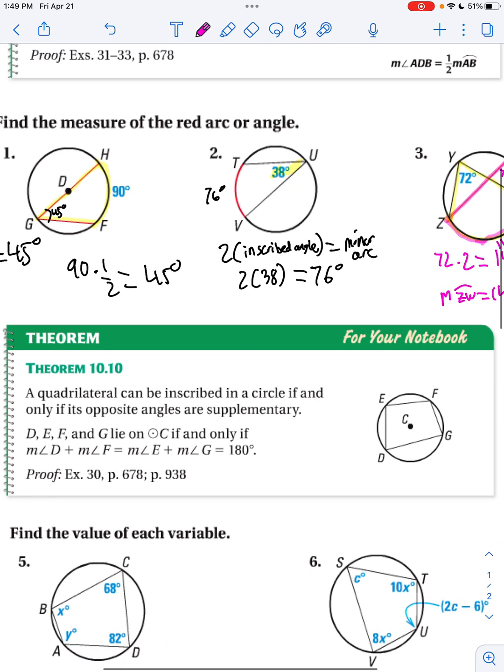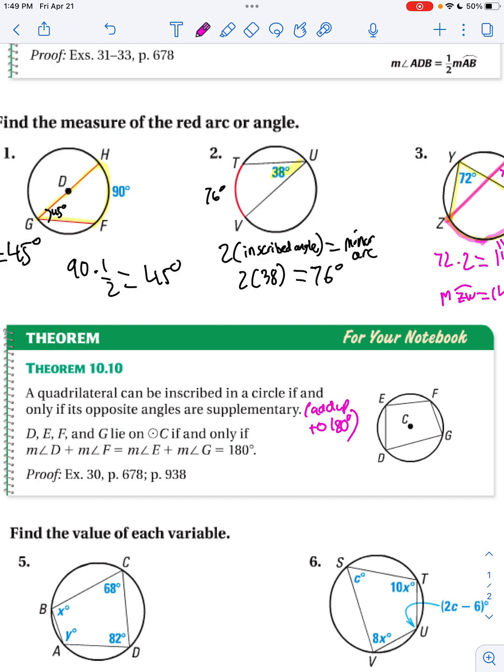A quadrilateral can be inscribed in a circle if and only if its opposite angles are supplementary. And again, this means they add up to 180. So I've got my quadrilateral in here, and if the opposite angles add up to 180, then I have a legit circle and a quadrilateral inside of it.